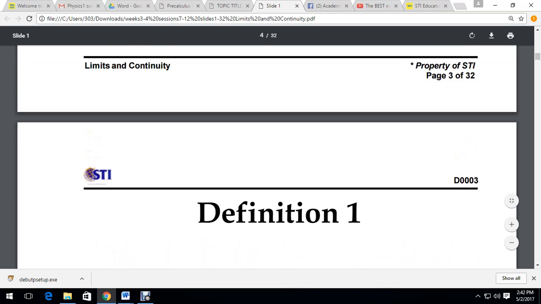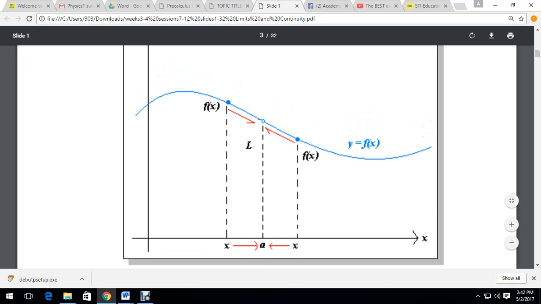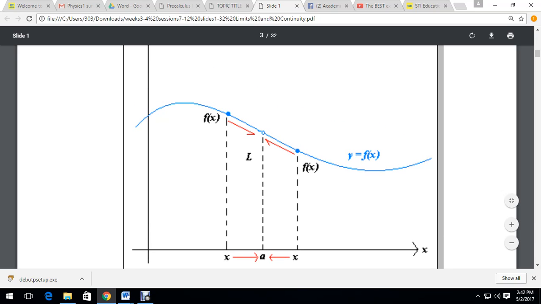Okay, so let's have this diagram to illustrate the definition of the limit of a function. Now, try to look at the x-axis. You have here a particular value a, and the blue line represents your function, that is our f of x. This is the graph of the function f of x.